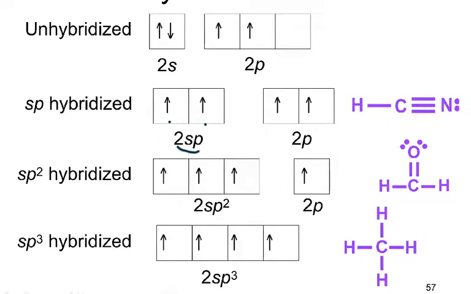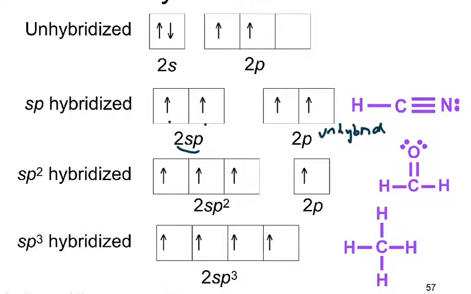Then we still have these other unhybridized p orbitals that still have 1 electron in them. So when we hybridize, we use the empty orbitals first and then any half full orbitals. And we go in order of energy, so the 2s always hybridize first.